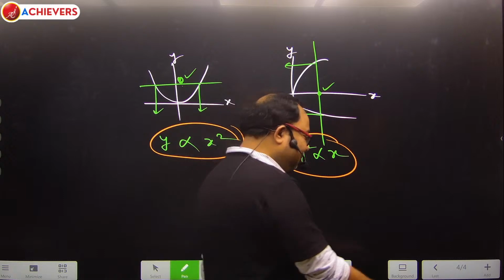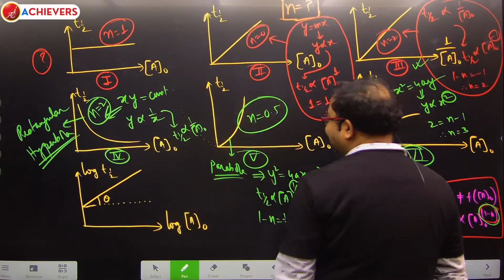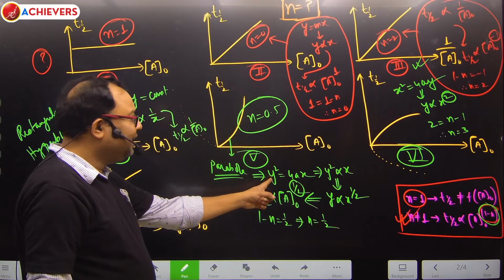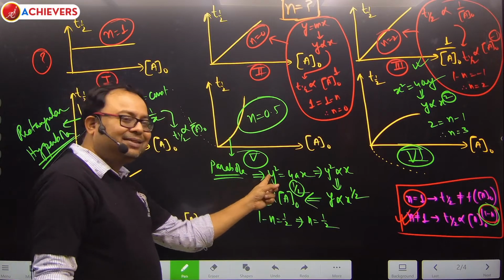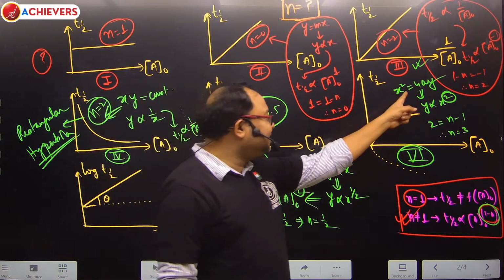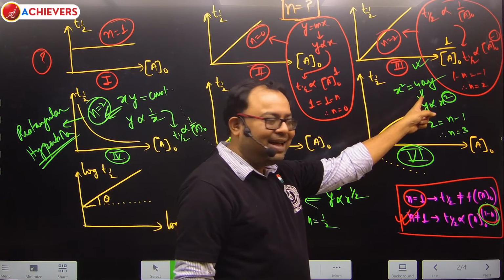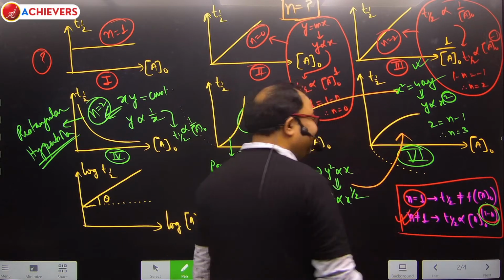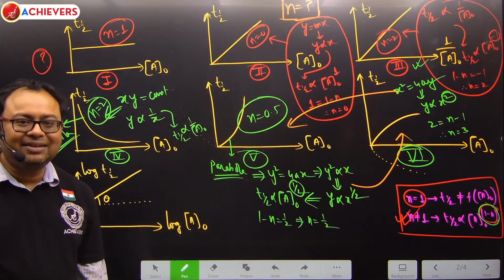Now let's see what we have done. We have considered this to be quadratic with respect to y and this to be quadratic with respect to x. Actually, the case should be reversed. So don't get confused.